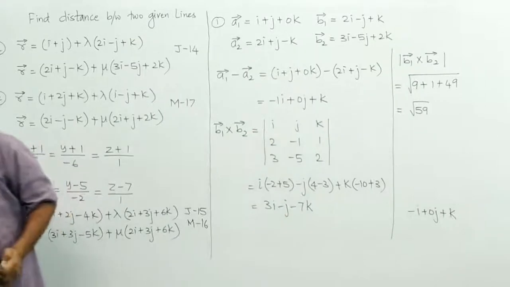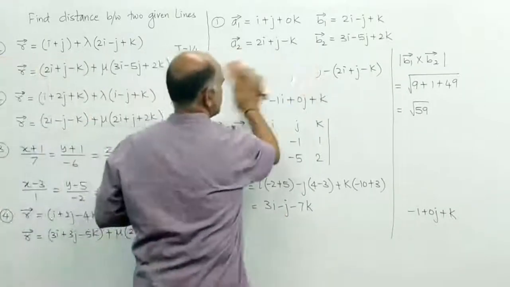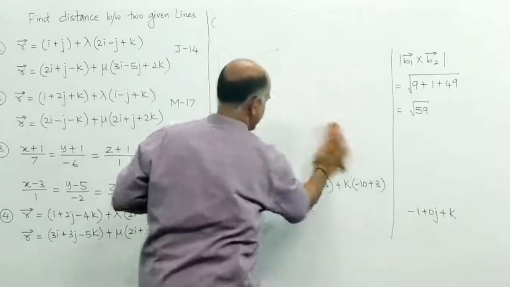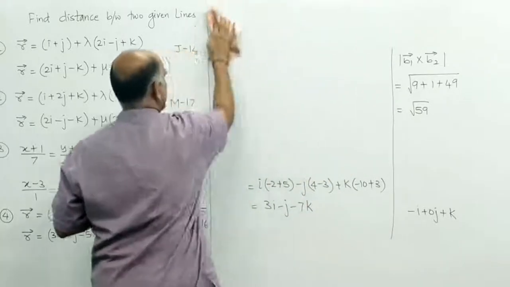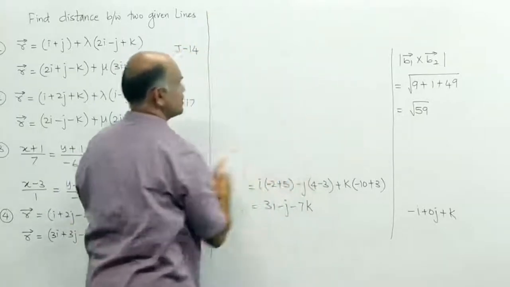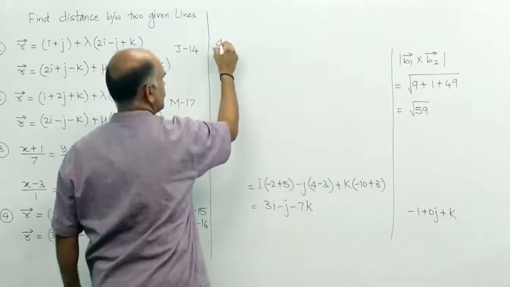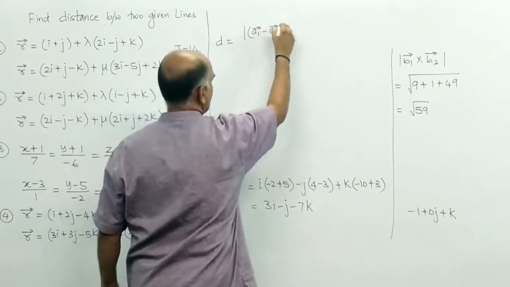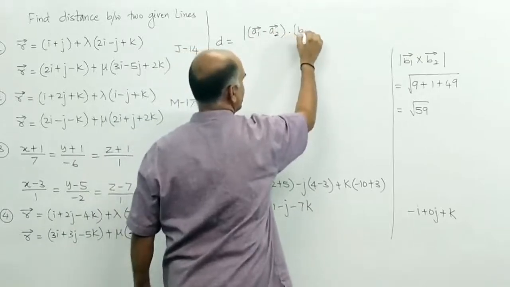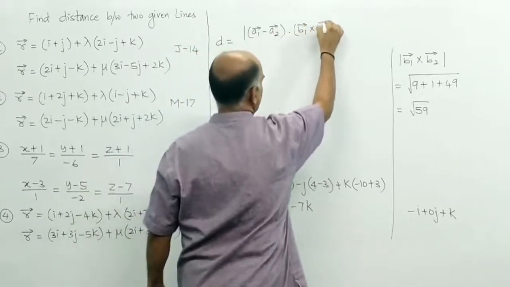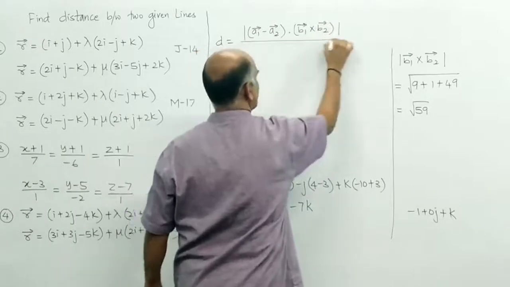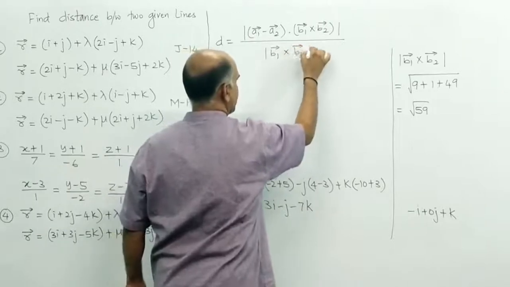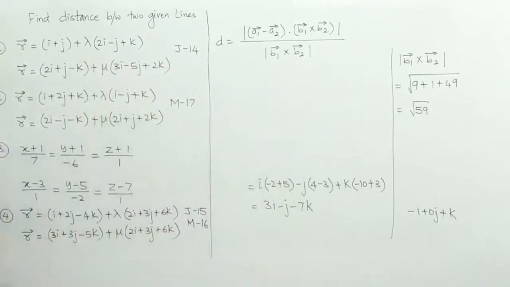So the shortest distance d is equal to mod of a1 minus a2 dot b1 cross b2, divided by magnitude of b1 cross b2.